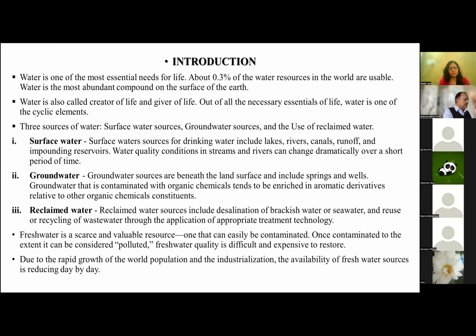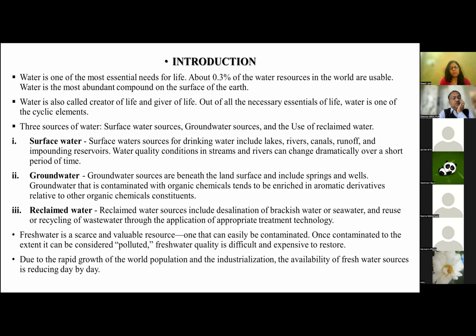Surface water is the source for drinking water, which includes our lakes, rivers, canals, runoff water, and the impounding water which we store in our premises. The water quality conditions in streams and rivers can change dramatically over a short period of time because of nature. If there are heavy rains, then there is flood in the water, and the quality of water in that river or open water body changes according to the natural conditions.